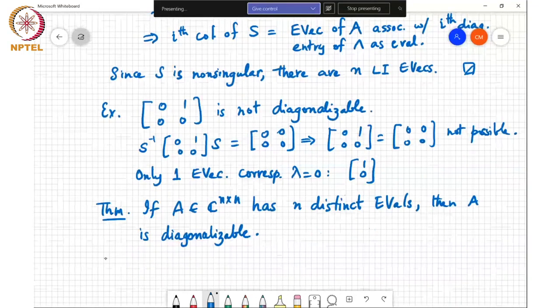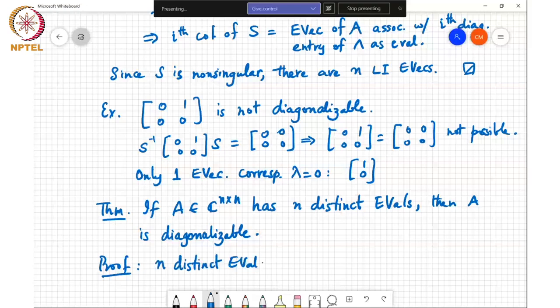This is an immediate consequence because if it has n distinct eigenvalues, then it has n linearly independent eigenvectors. And we just saw that result: A has n linearly independent eigenvectors, which implies that A is diagonalizable.